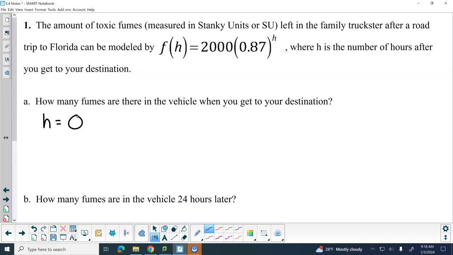You guys have obviously never been on a road trip before. When you get to your destination, there's some Stanky units in your vehicle. What do we do? Why is it 2,000? So you're plugging in 0 for H into our formula?